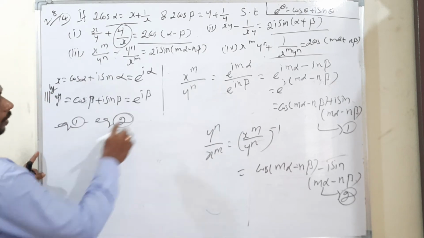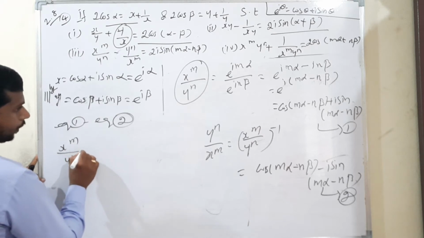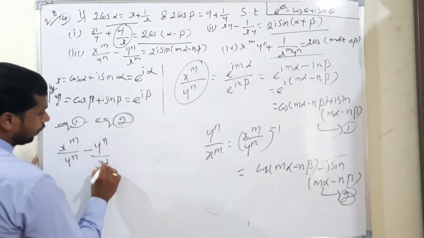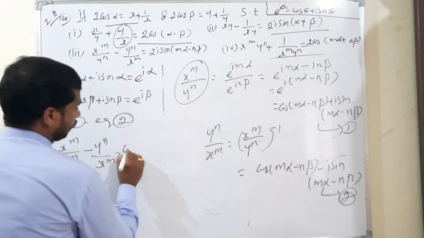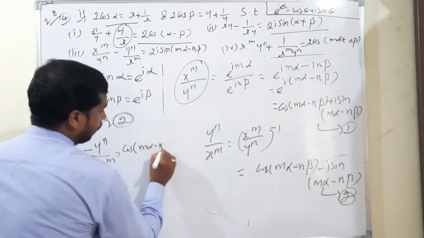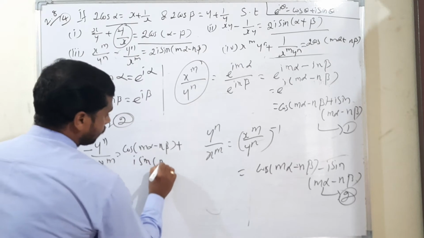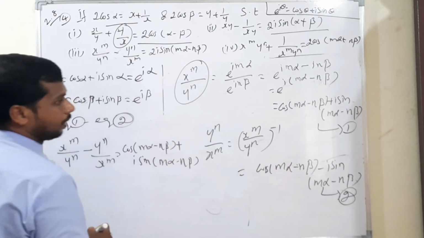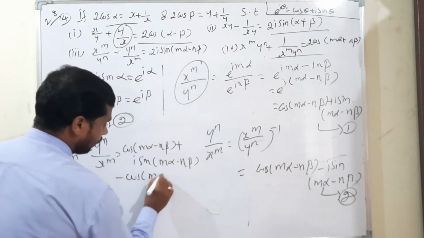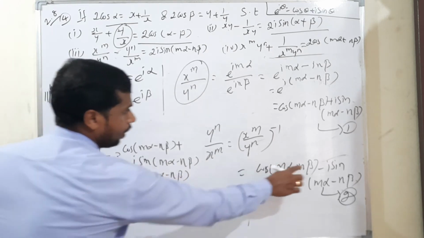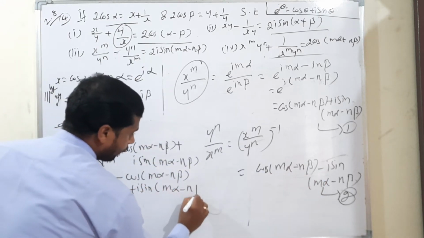Equation 1, x to the power m divided by y to the power n, minus y to the power n divided by x to the power m, is equal to cos of m alpha minus n beta plus i sin of m alpha minus n beta, minus, so instead of plus we write minus cos of m alpha minus n beta. Already minus is there, therefore plus i sin of m alpha minus n beta.